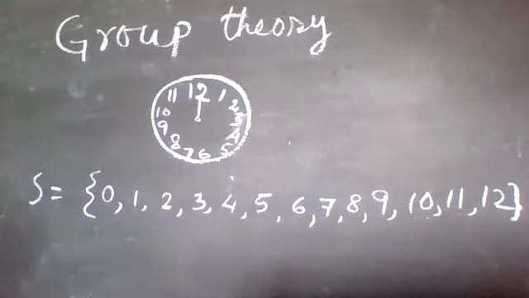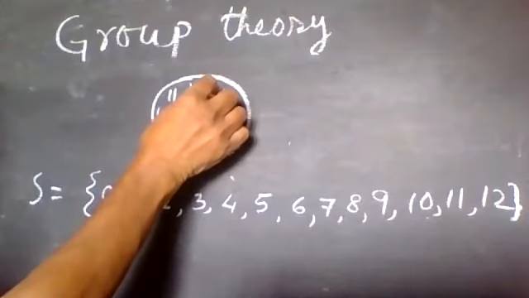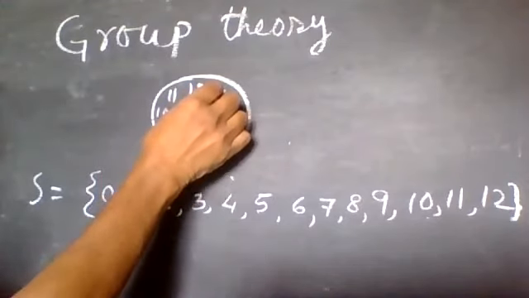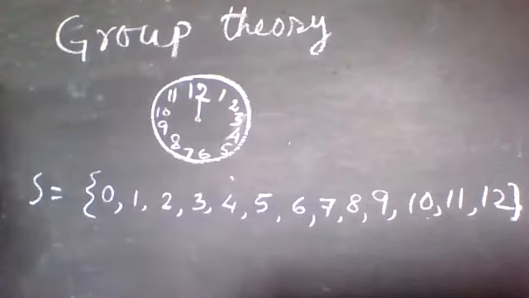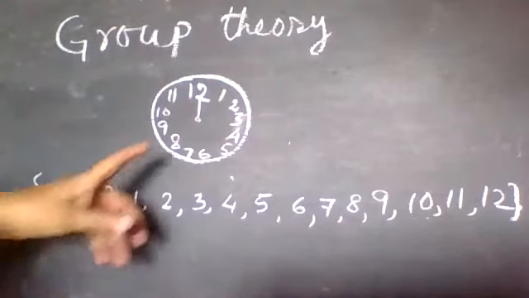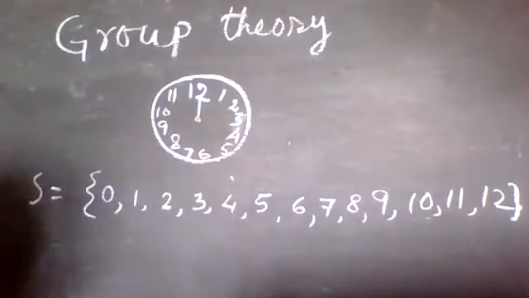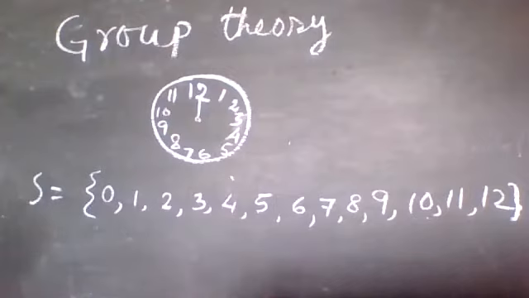This is a set. That is, we will not consider the numbers in between. Say it is midway between 12 and 1, we will call it 0.5. No, either it is 0 or 1 or 2 or 3 or 4, some discrete points.